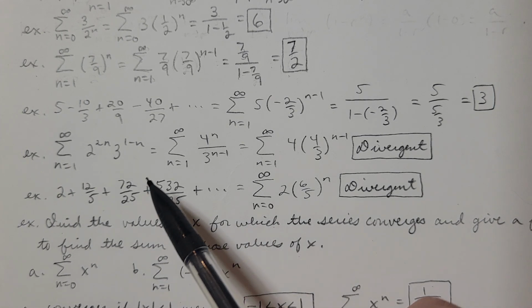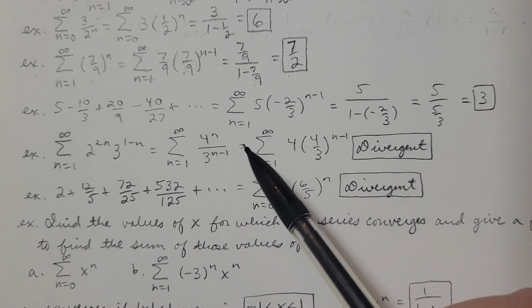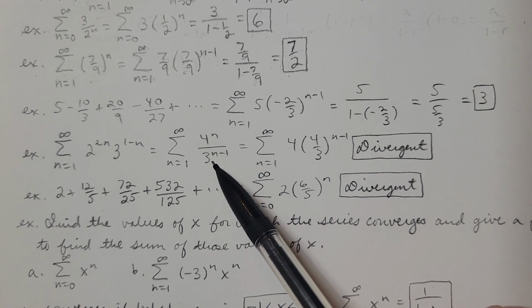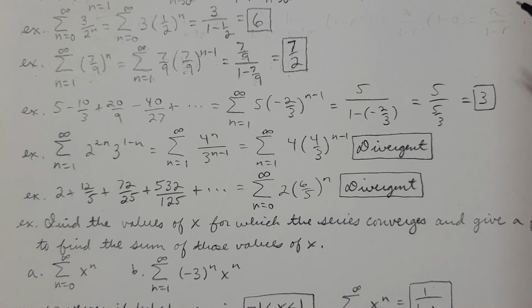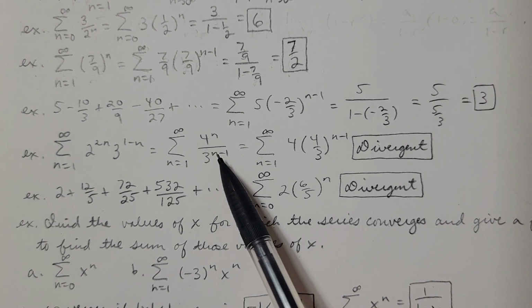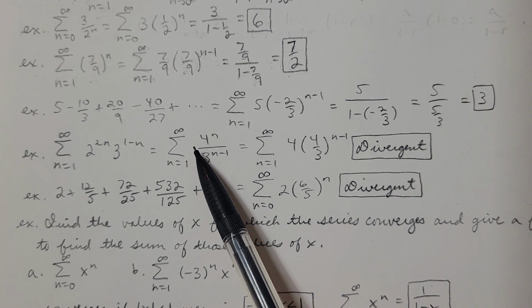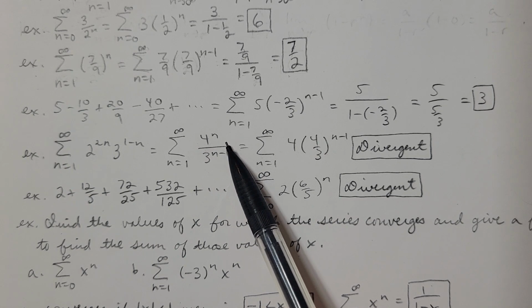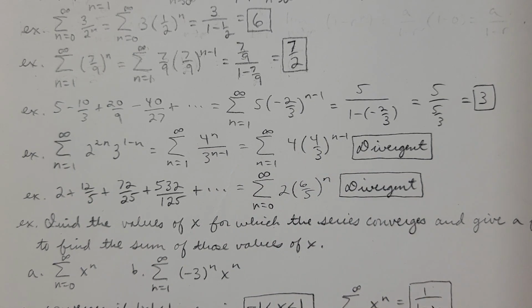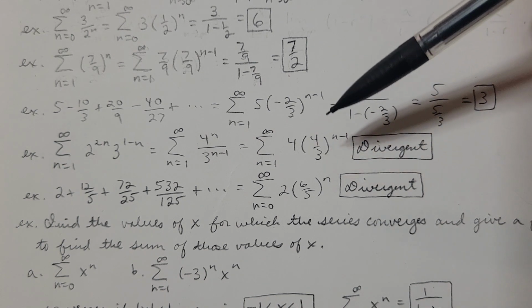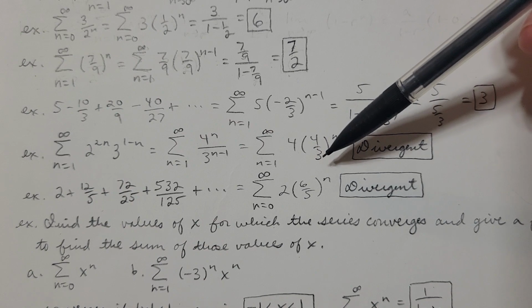Okay, and so that's the same thing as 1 divided by 3 to the power n minus 1. Okay, now the next thing I'm going to do is I'm going to factor out a 4. 4 times 4 to the n would be 4 times 4 to the n minus 1.